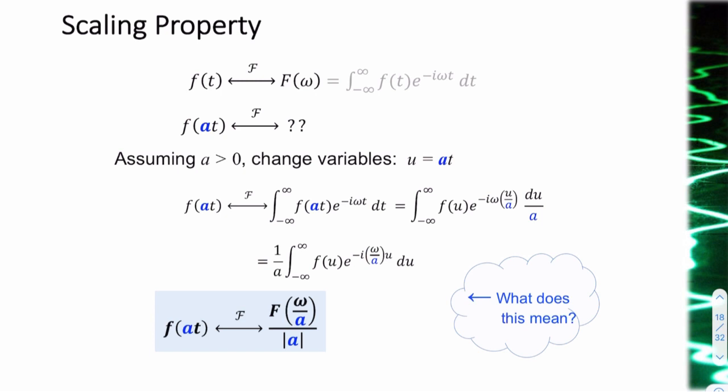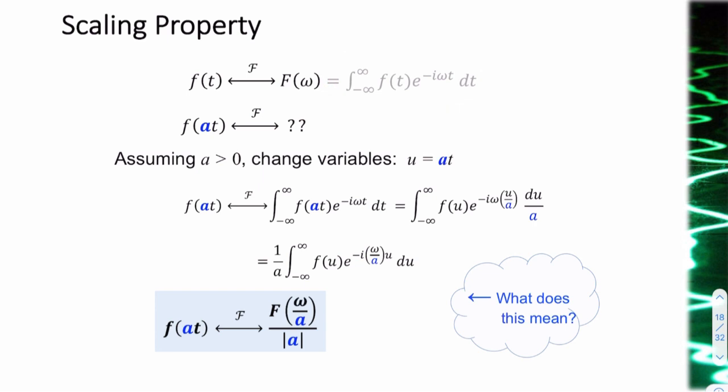Next property, a little bit more difficult. I'm going to give you a brief proof of this scaling property. And basically what we're saying is if we have a signal f in the frequency and time domain, so f of t gives you F of omega, and just to remind you, this is the Fourier transform integral.